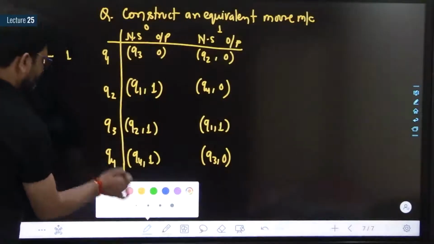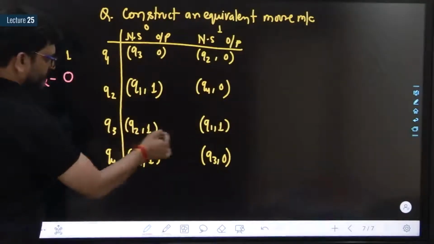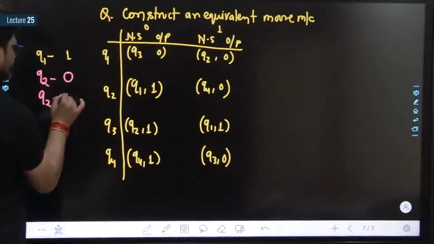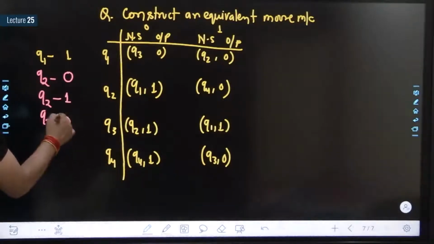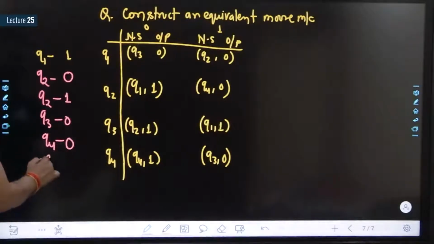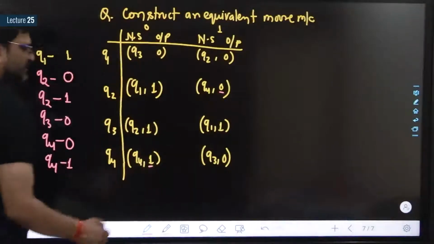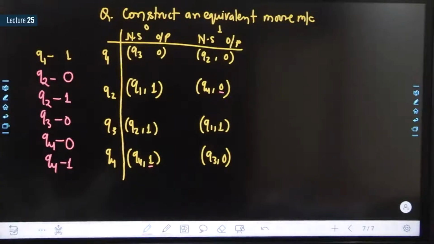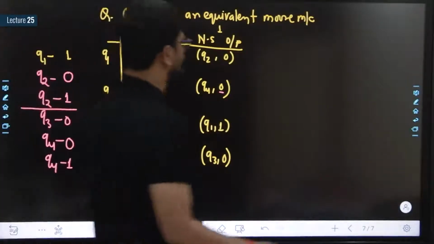No. Q2 0, Q2 1, Q3 0, Q4 0, Q4 1. Yes or no? This is 0 and this is 1. Now, how many states are in the equivalent Moore machine? 6. Please see.